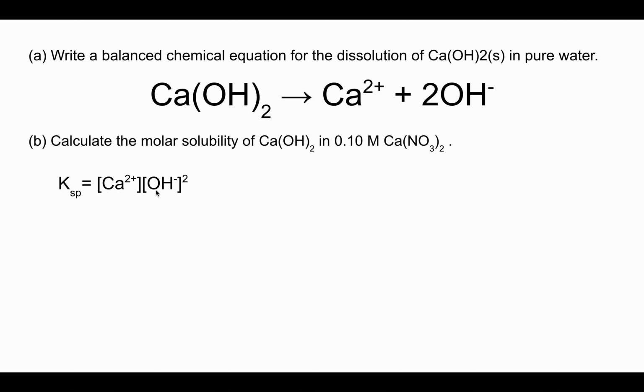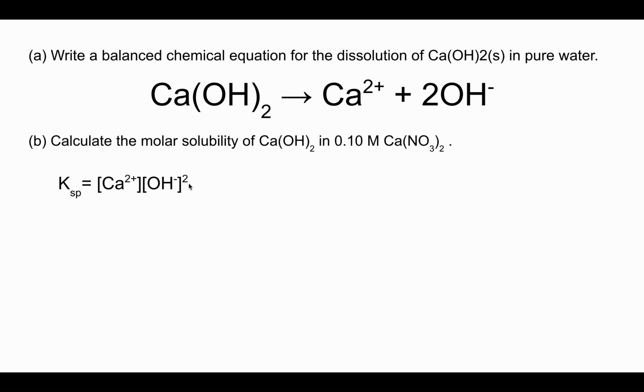And then there are 2 OH- ions. So as we do in all equilibrium expressions, we're going to raise the concentration to the coefficient. So as we can see here, hydroxide has a coefficient of 2, so we're going to raise that in the solubility expression to the power of 2.